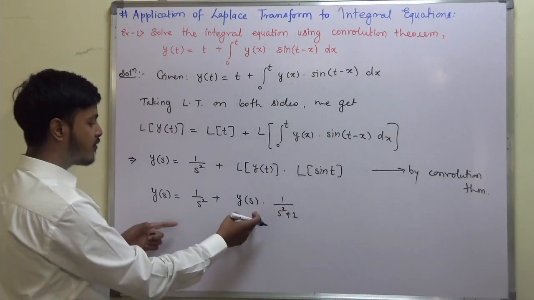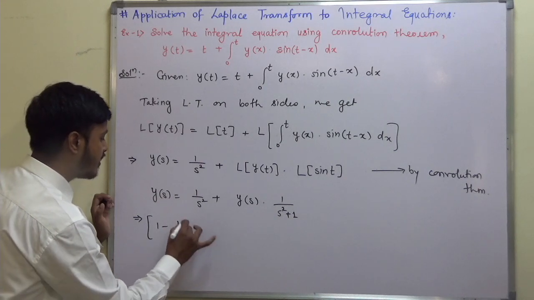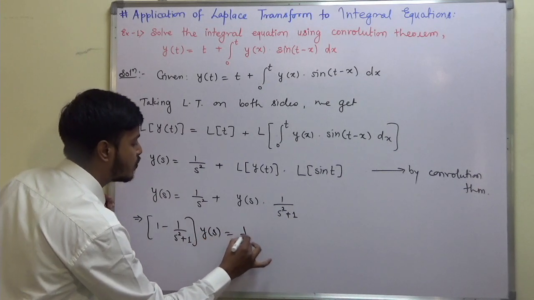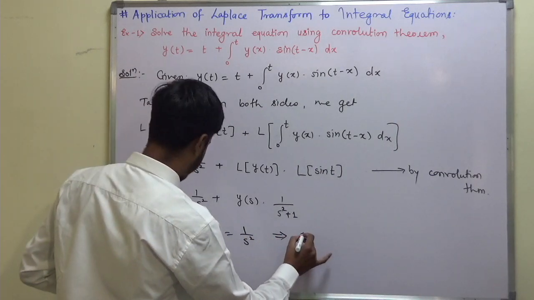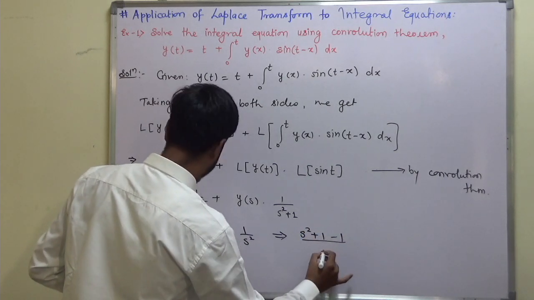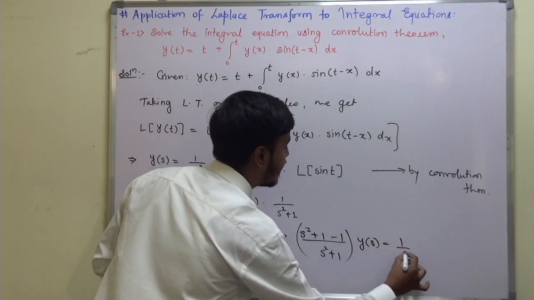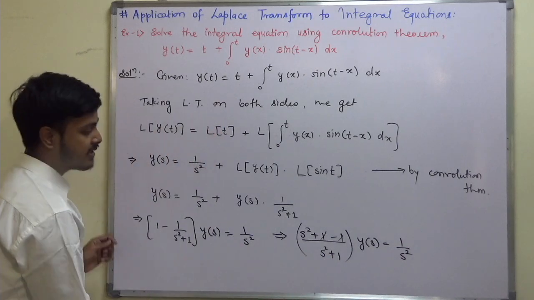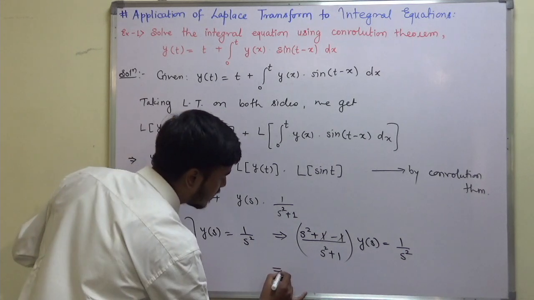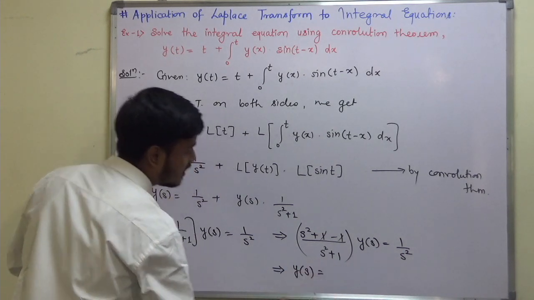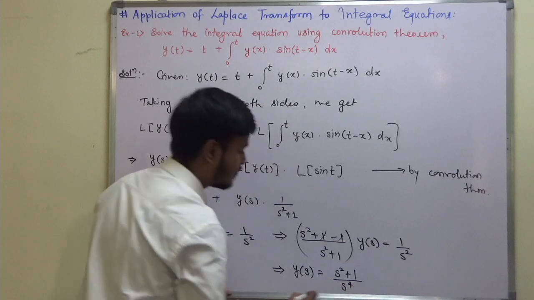Now take the term of y of s on one side, so you will be getting 1 minus 1 upon s square plus 1 into y of s is equal to 1 by s square. When you solve it further, you will be getting s square plus 1 minus 1 upon s square plus 1 into y of s is equal to 1 by s square. This plus 1 minus 1 gets cancelled, and when you shift this to here, you will be getting y of s is equal to s square plus 1 upon s power 4.